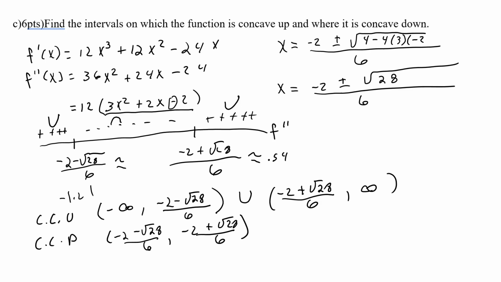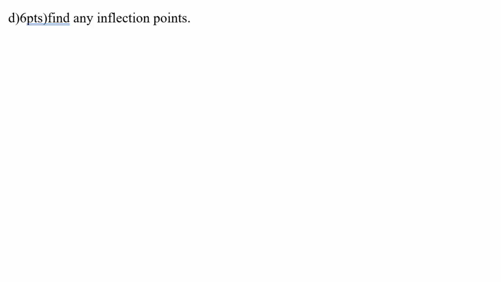Same thing with the other one. So then -2 minus the square root of 28, all divided by 6, comma, and we can figure out the y coordinate. We can get an approximation for it by plugging that into the formula.